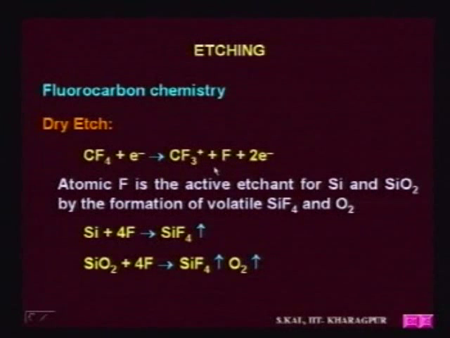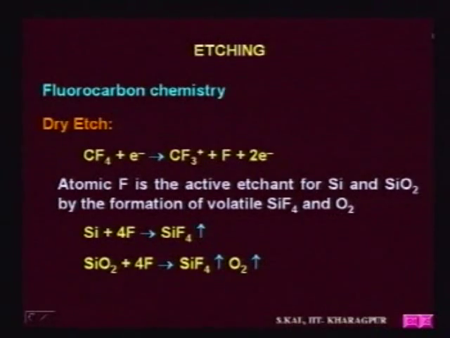This atomic fluorine is an active agent for both silicon and silicon dioxide, forming volatile SiF4 and oxygen. In dry processing, as I mentioned earlier, when it reacts with the etch material, the byproduct should be volatile.